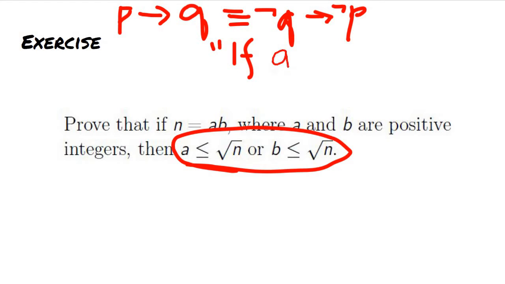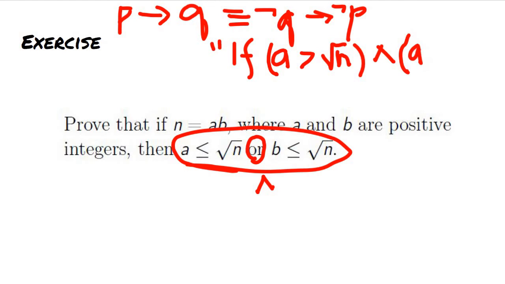a is greater than the square root of n, and this "or" now will become "and" by De Morgan's theorem. So and b is greater than the square root of n.